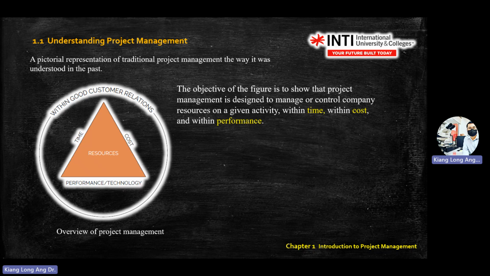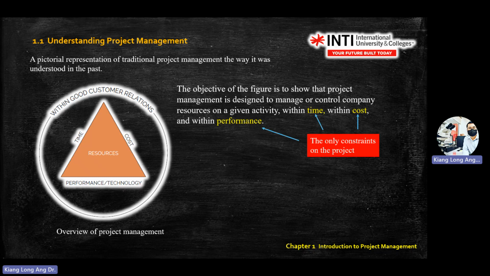These are the constraint parameters that you need to play with in your analysis. You need to look at the time, cost, and performance or technology that you have. So resources in the middle, and then you play with the time, cost, and performance to meet customer requirements, right?